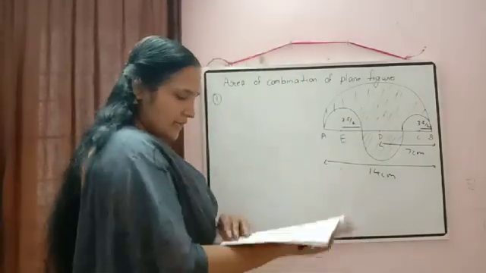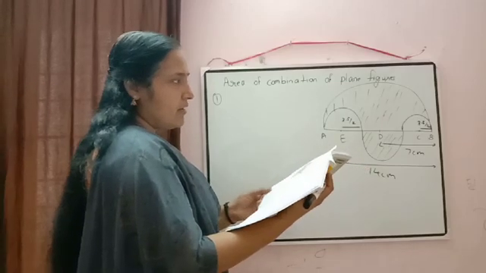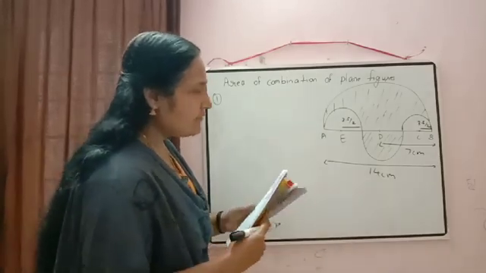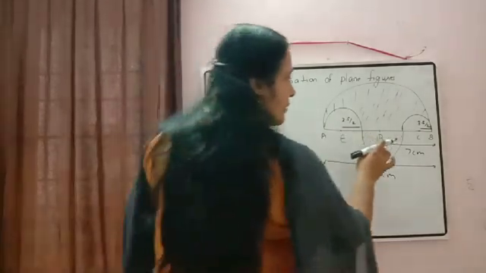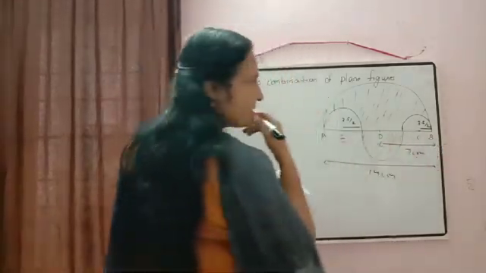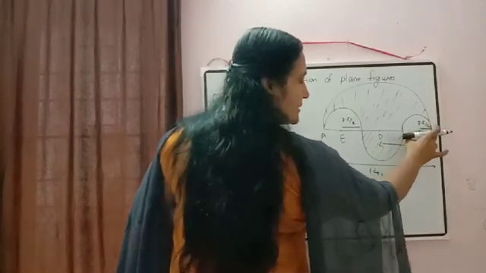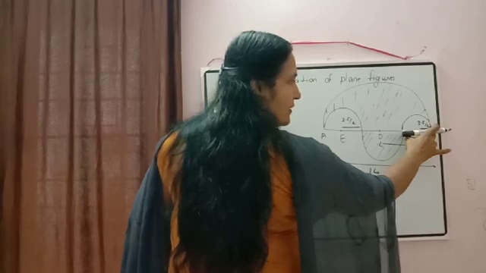And then what is written? Find the length of the boundary and area of the shaded region. Now we have to calculate what will be this radius. Total is given as 7 centimeter, and till here the diameter is equal to 3.5.